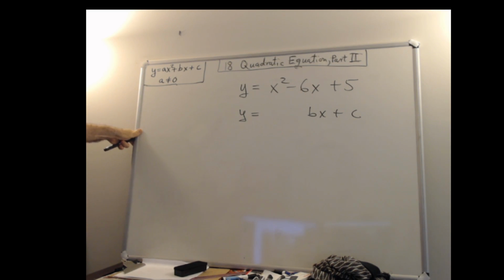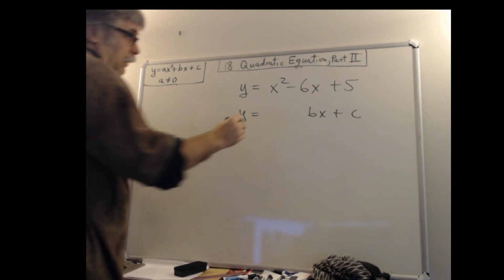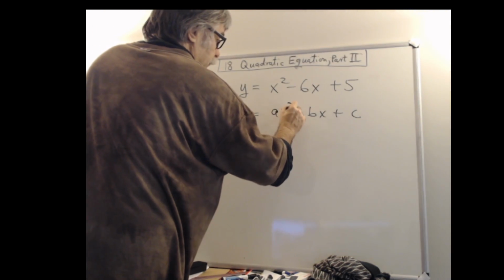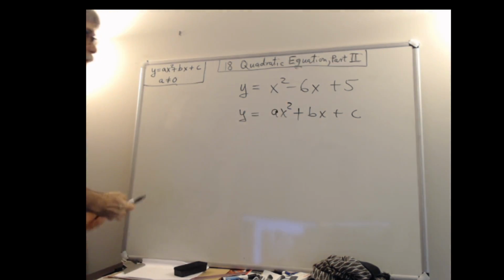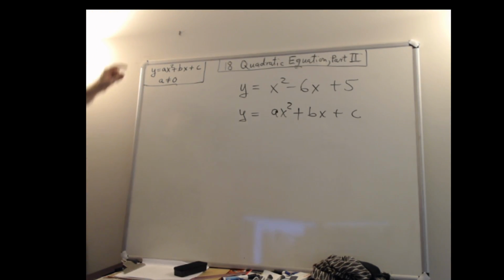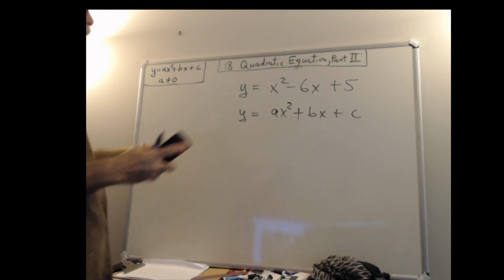It doesn't have any square. A quadratic equation has to have a square. Okay, so these are all the requirements we're going to have, that this a, the number of x squared, must be not 0. So this is the format of a quadratic equation, okay? That is going to give you a parabola.